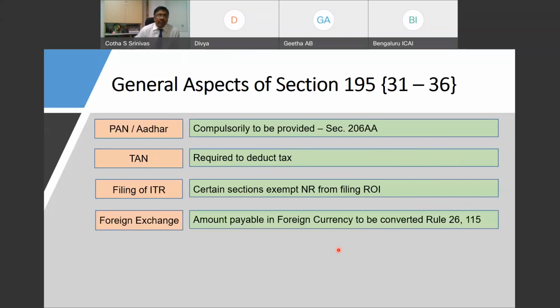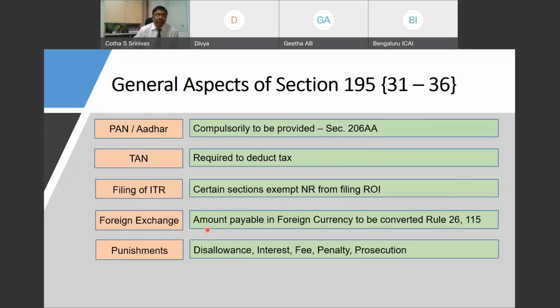Foreign exchange: the amount payable in foreign exchange is to be converted using Rule 26 and 115. Rule 26 says the conversion rate of foreign currency into Indian rupees will be the SBI TT buying rate. And what dates are to be used, we may have to refer to Rule 115, where it says different dates for different types of income.